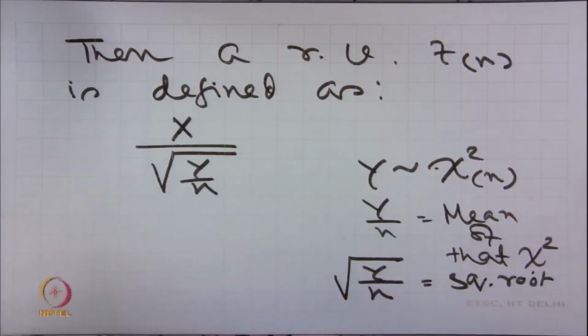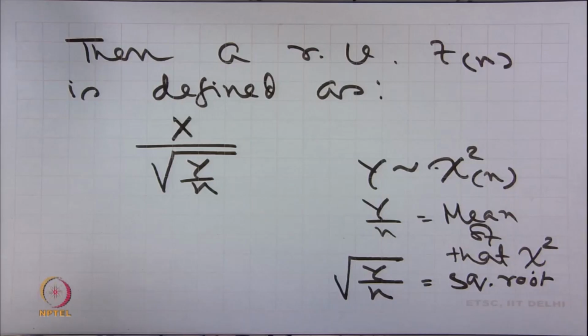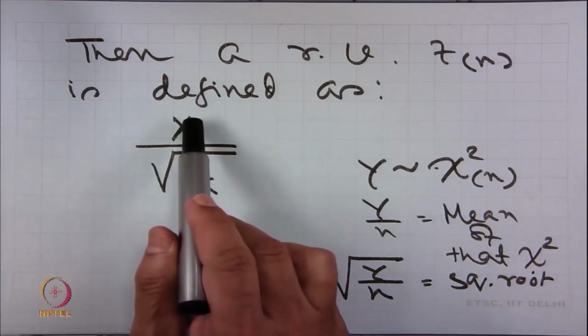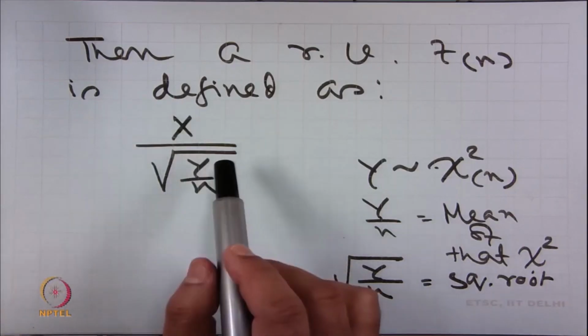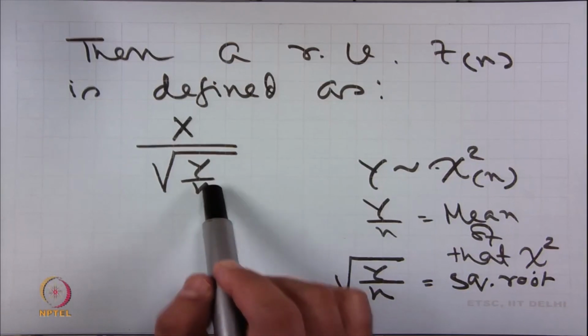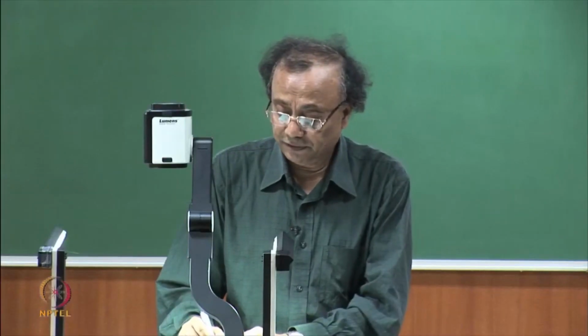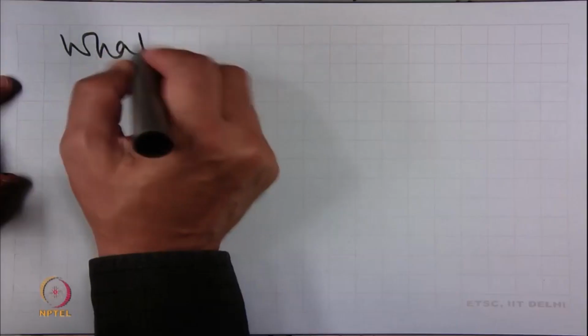So, essentially a T distribution is the ratio of a standard normal divided by a root mean chi-square distribution. So, what is the PDF of T?